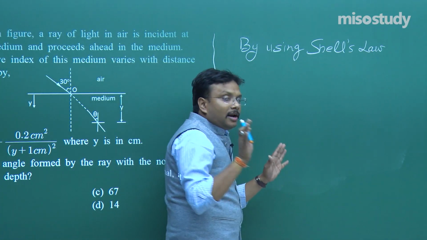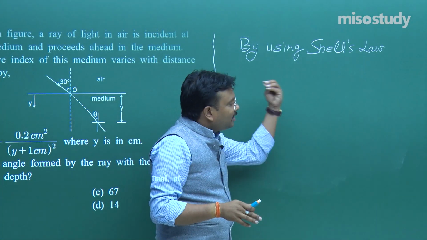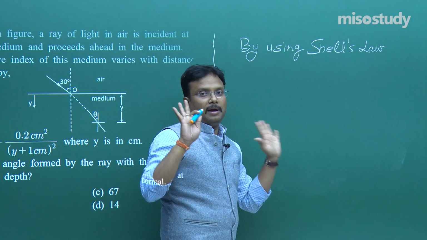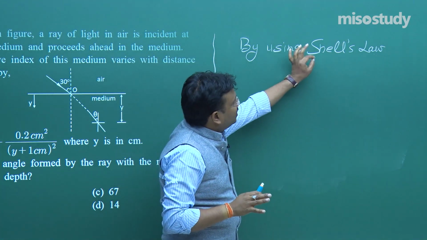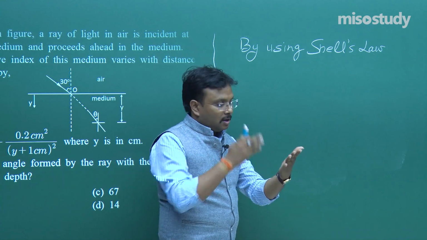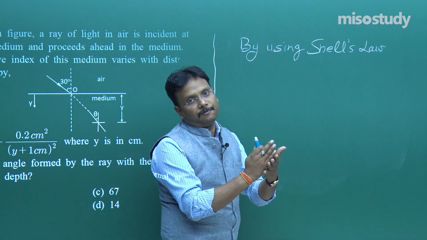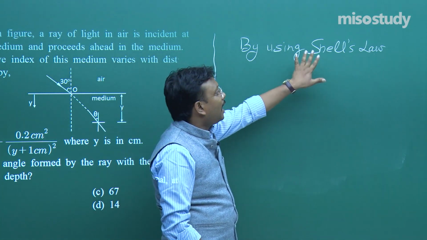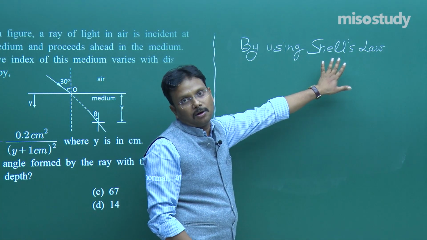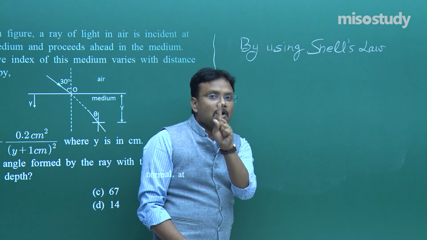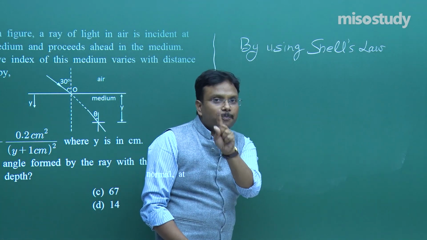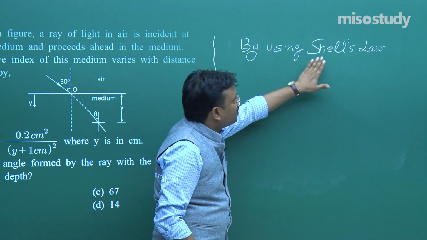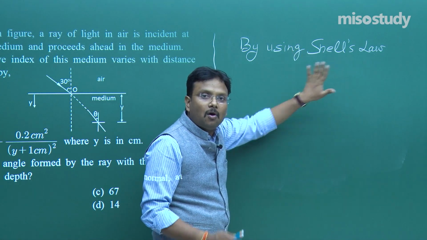See, in ray optics, if you forget each and everything, no problem. Simply remember Snell's law, for reflection and for refraction, because everything will start from here and end according to this law. Fine. So, this is the key to success in solving problems in ray optics. Snell's law.